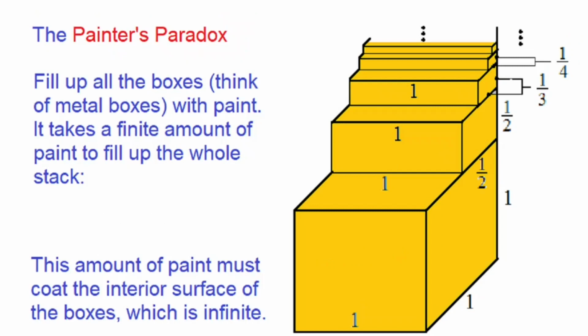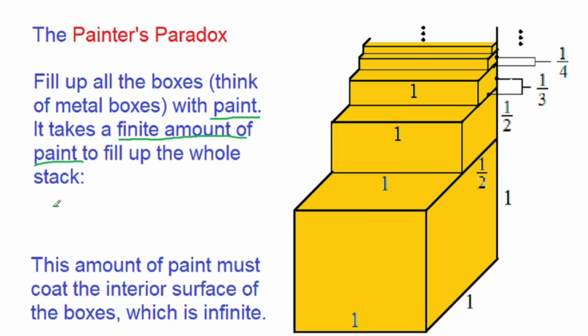Let's talk about the painter's paradox now. Here we fill up all the boxes with paint, and since the stack has finite volume, it should take a finite amount of paint to fill up the entire stack.